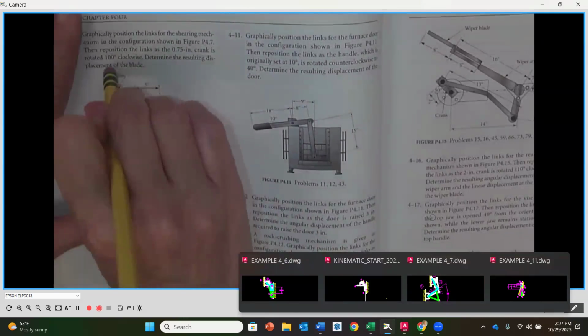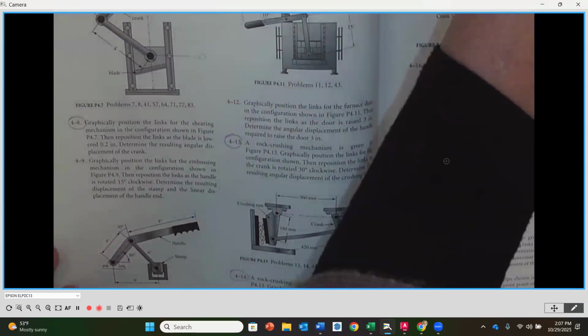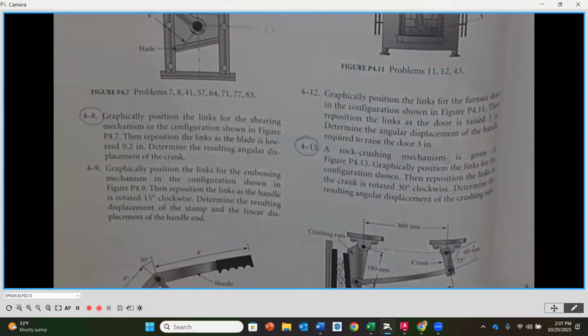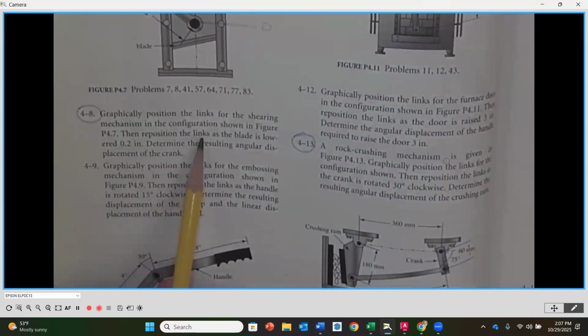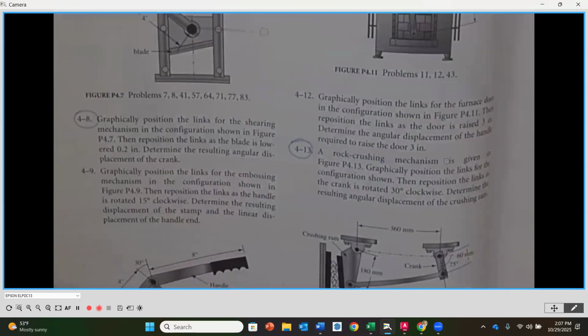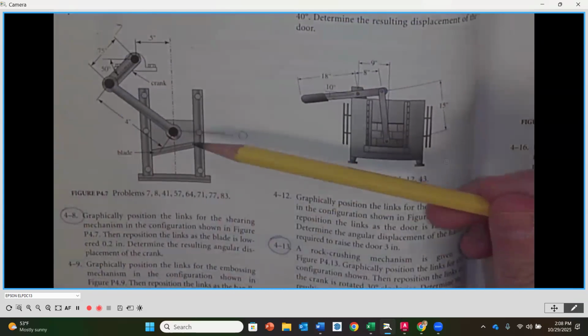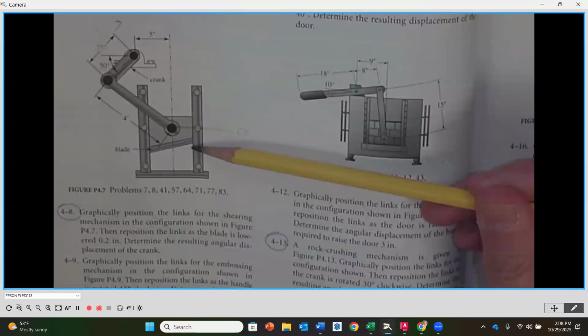Utilizing the same start diagram, you're now going to do 4-8. Now, 4-8 is a little different. It wants you to reposition the blade to be lowered 0.2 from where it's at. So you're going to start with this as your home, and you're going to move the blade down 0.2 inches.